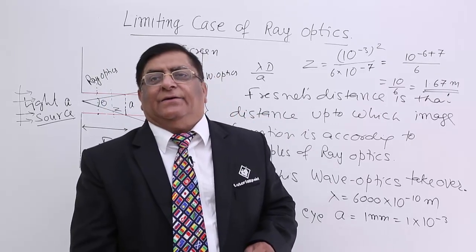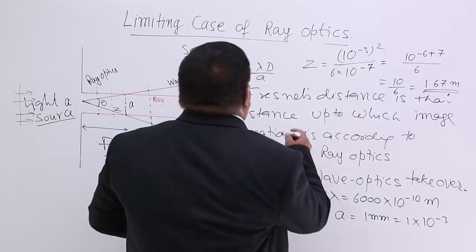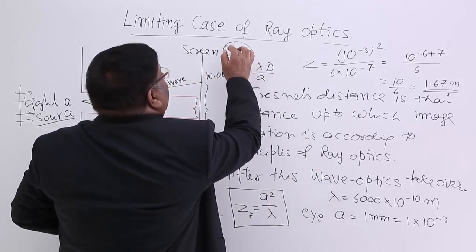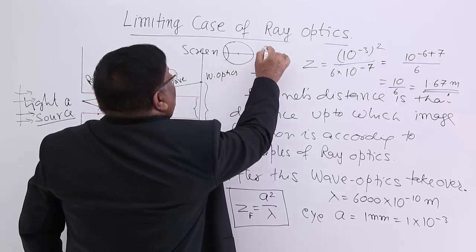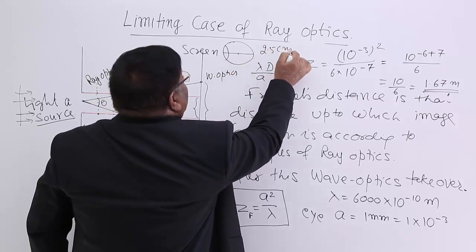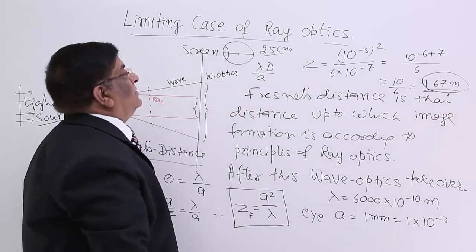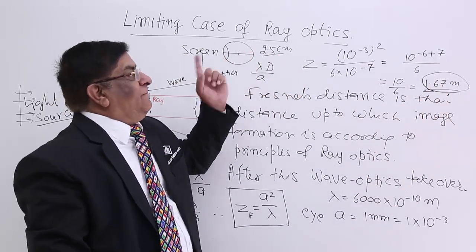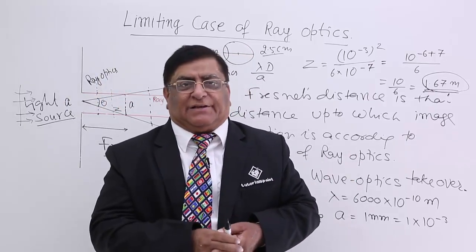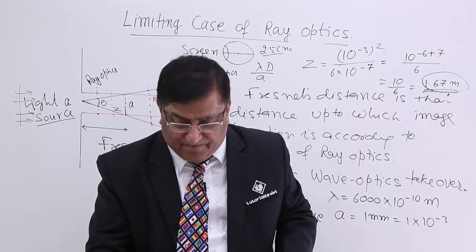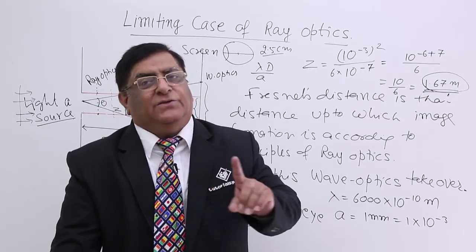Yes. And the length or the diameter of the eyeball is only 2 centimeter or 2.5 centimeter, which is within this length. So here then for our experiment within 1.67 meter, ray optics can be used.